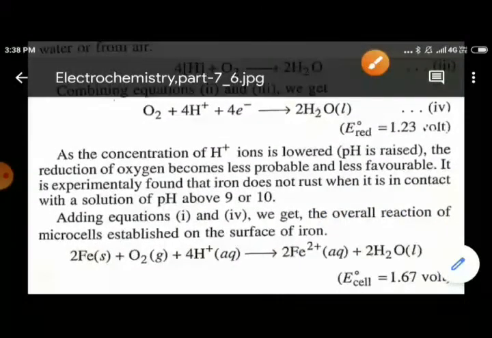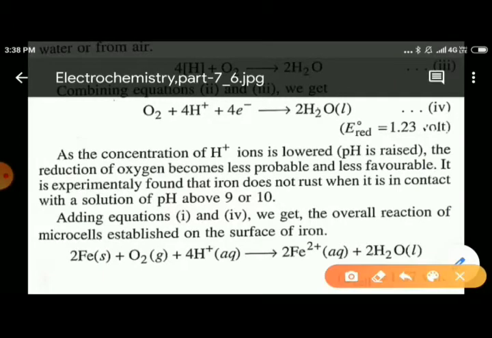As the concentration of hydrogen ion is lowered, that is pH is raised, the reduction of oxygen becomes less probable and less favorable.